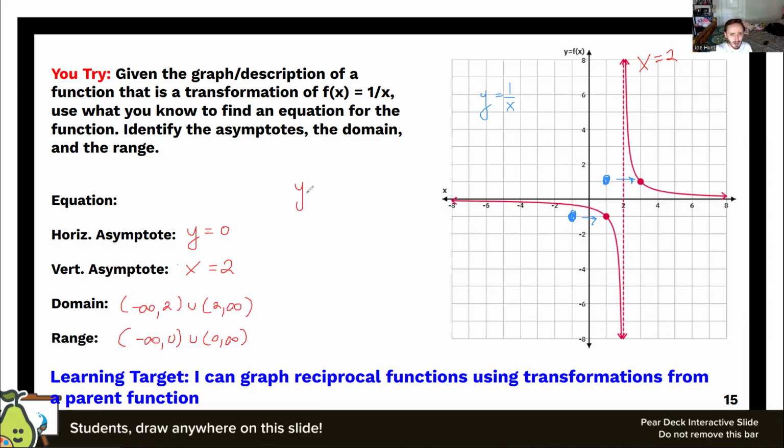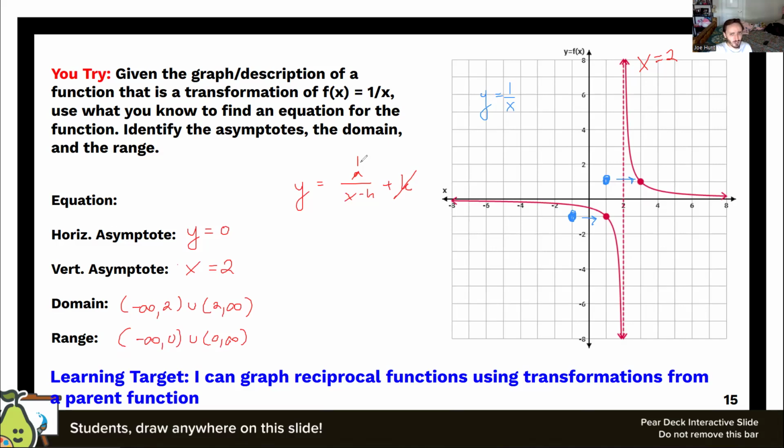And if I'm thinking about my equation, and I wanted to relate it somehow to 1 over x, I haven't gone up or down at all, so I don't have a k term that I'm adding on or subtracting. I'm not upside down, so my a value is not negative. I also haven't gone up or down any faster or slower than usual, so my a term in this case is still going to be a 1.